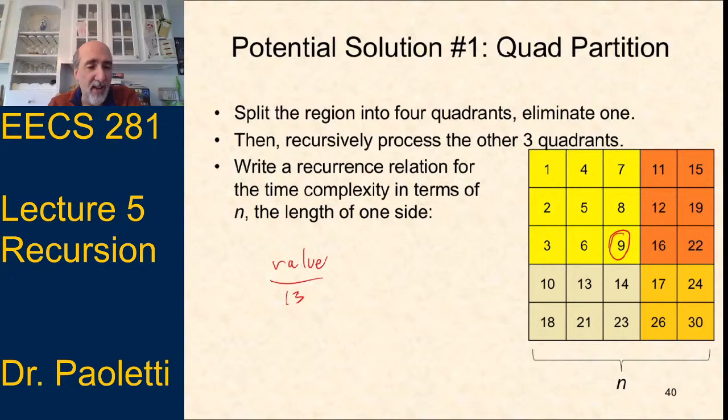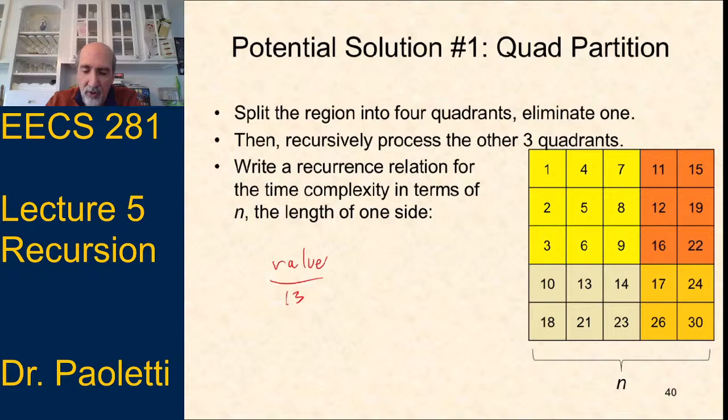If it's above 9, it's got to be less than or equal to 9. And if these all have to be less than or equal to 9, and those have to be less than or equal to 9, then that rule applies in every row and every column. Everything in the upper left must be less than or equal to 9. So if that was the case, I could eliminate the upper left quadrant.